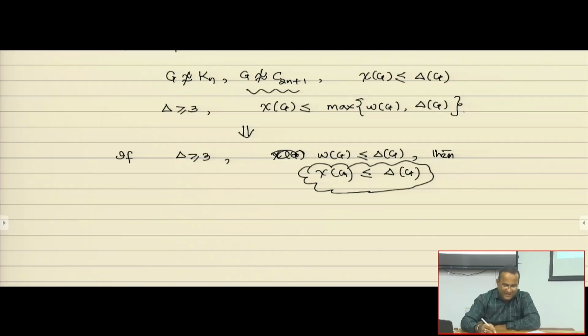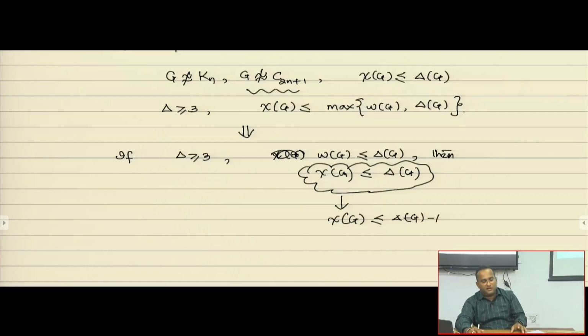May not be. Okay. So now the question is, if we are not able to list, then can we say that for this kind of graph, chi g will be at most delta minus 1? Can we improve the Brooks bound?